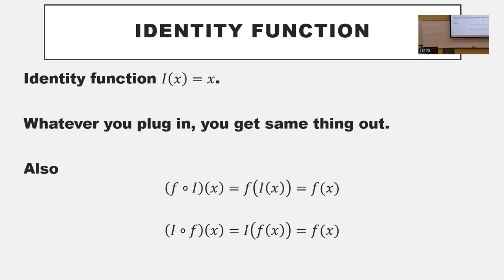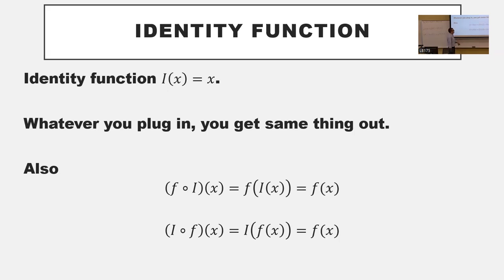The other interesting thing about the identity function is that under function composition, if I take f and I compose it with the identity function, I get back out the function f of x. Let's do f of the identity function first. That's f of the identity function, which we know the output of that is just x. So that's just f of x.